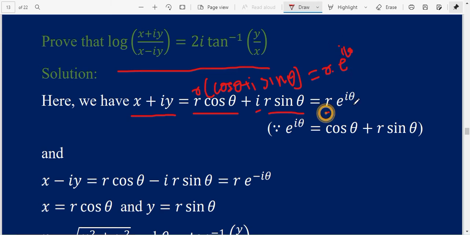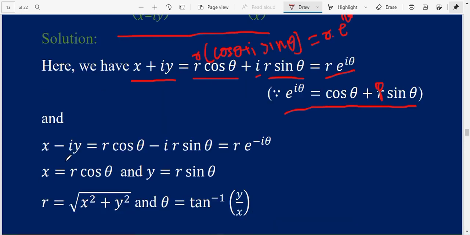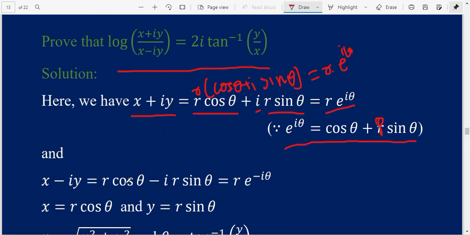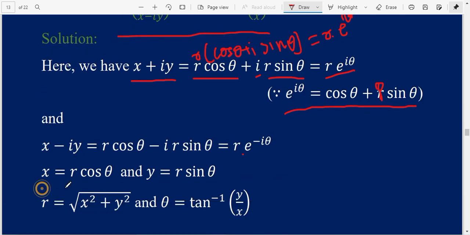So this is equal to r into e raised to i theta, because e raised to i theta is cos theta plus i sin theta. And x minus iy is equal to r cos theta minus i r sin theta, which is equal to r into e raised to minus i theta. And x is equal to r cos theta, y is equal to r sin theta.